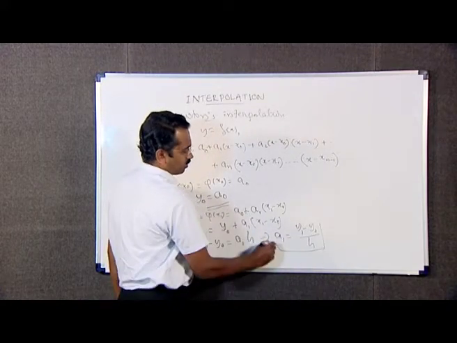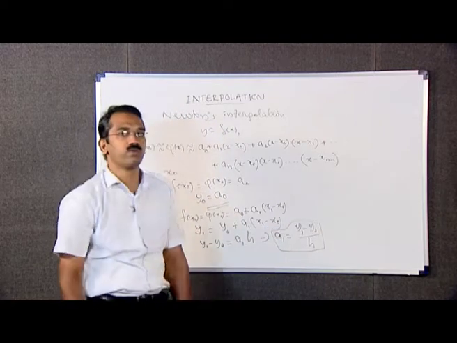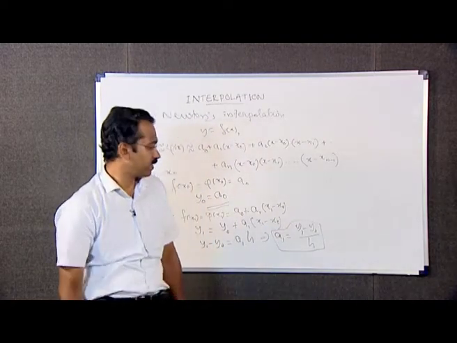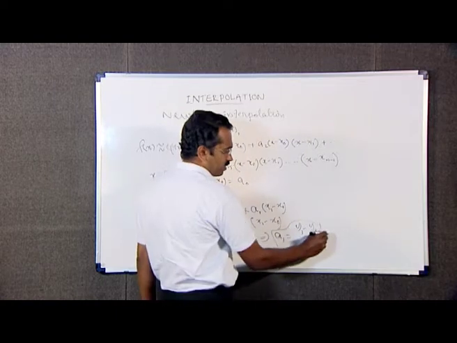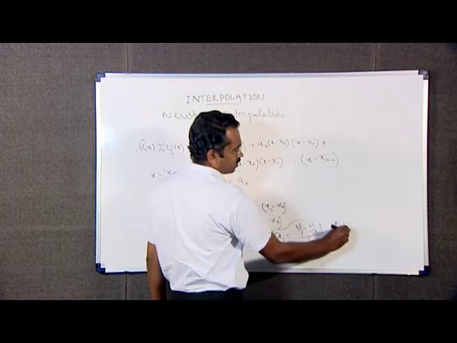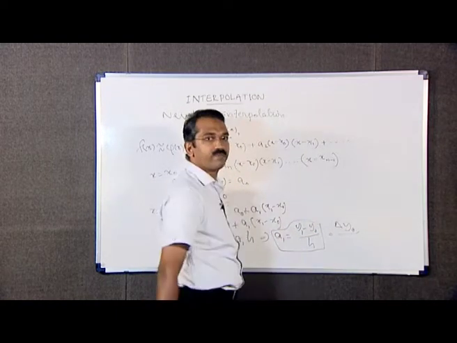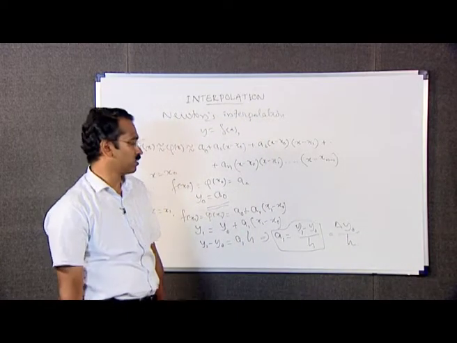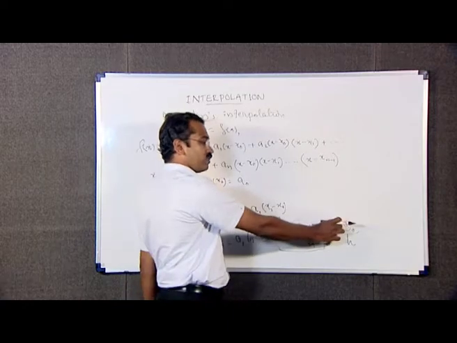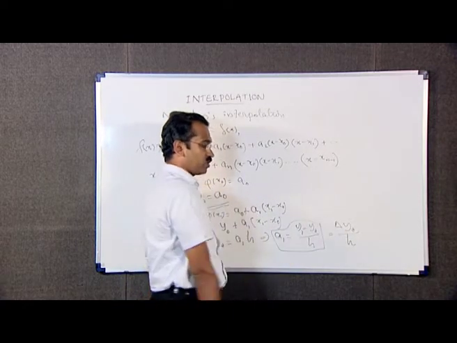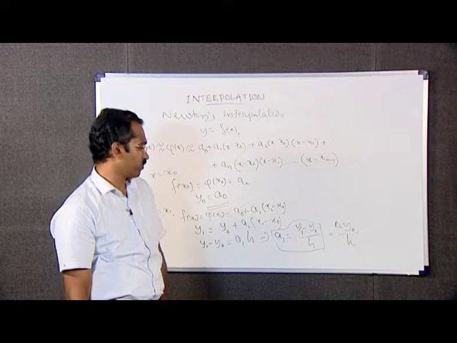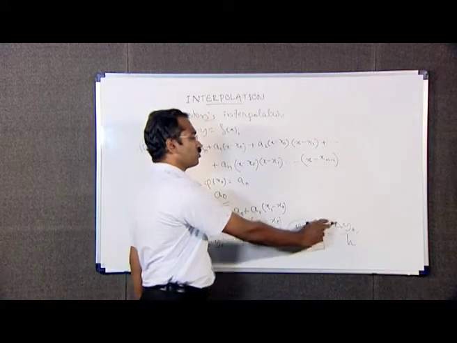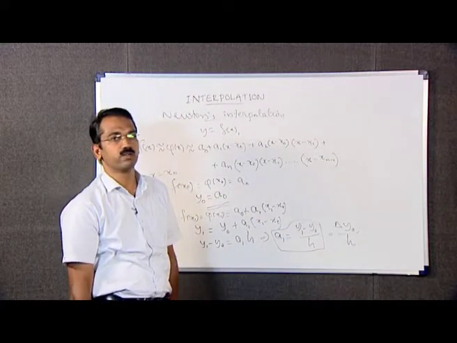The value of constant a1 is y1 minus y naught divided by h, which can be written as delta y naught divided by h. Delta means the forward difference operator. In terms of the forward difference operator, we can write y1 minus y naught equal to delta y naught. That is a1 is equal to delta y naught divided by h.